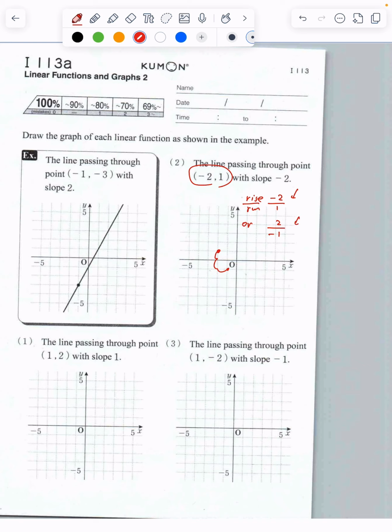If I'm going with the 2, negative 1, which means that from the initial dots, I'm going up twice, 1, 2, and going to the left once, 1. That's my new dot here. If I connect these two together, and I'm connecting the initial one together, you will see that it's the same line. That's how I draw my linear equation.